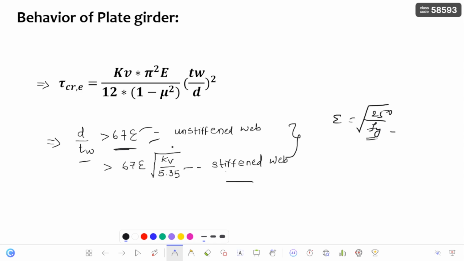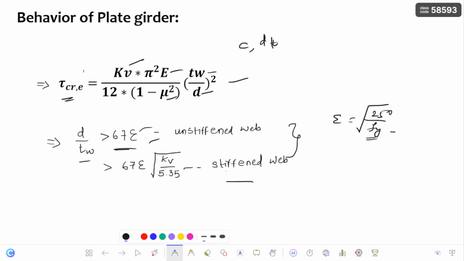Now coming to the elastic critical shear stress formula, this is the formula which is going to govern the elastic critical shear stress. Once the elastic critical shear stress is reached, the web starts buckling and the further strength is gained by the tension field action. Kv is a parameter which depends on c, that is the spacing between the transverse stiffeners, and also the depth to thickness ratio. E is the modulus of elasticity, tw is the thickness of the web, d is the depth of the web, and mu is the Poisson's ratio.